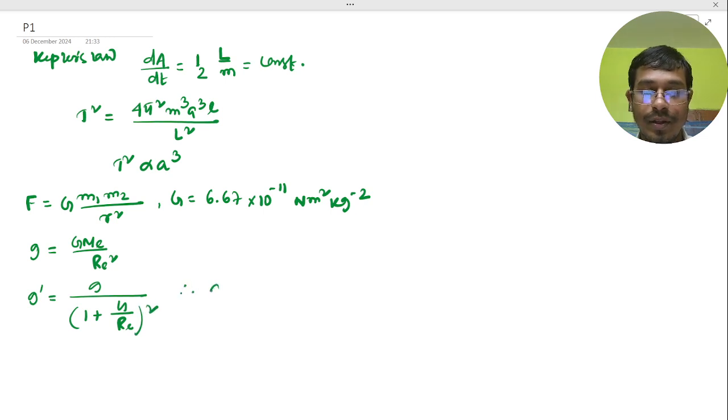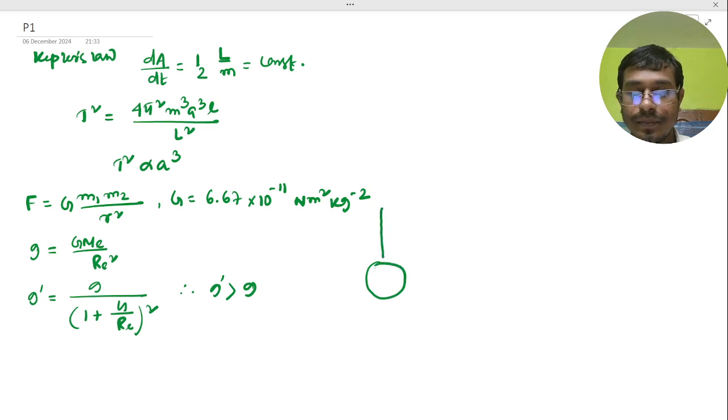So here g' is less than g. This is the center and mass Me, this would be Re, and h is the distance here.